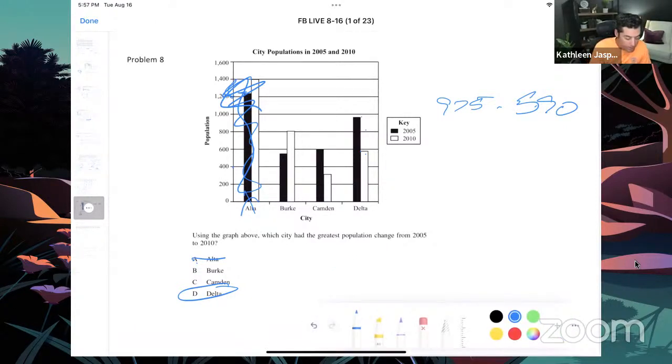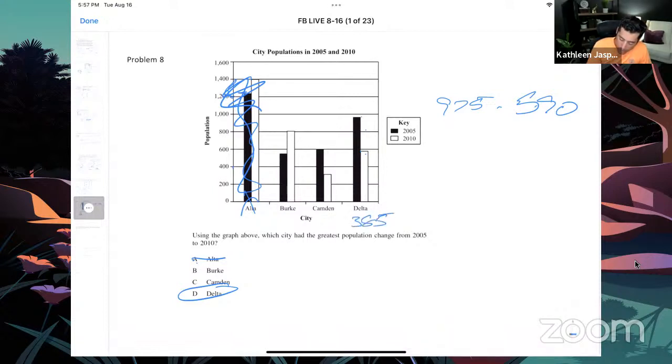So here's why. Let's just say it was 975 and 590. 975 minus 590 is 385, right? 385 people. Doesn't matter if they came or went, it was 385 people. With this one, I'm going to call it 600 minus, I'll put that just above the middle, so let's call it 310. 600 minus 310 is 290.